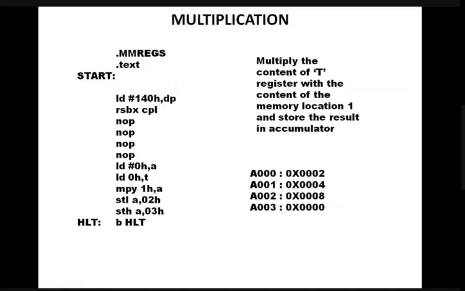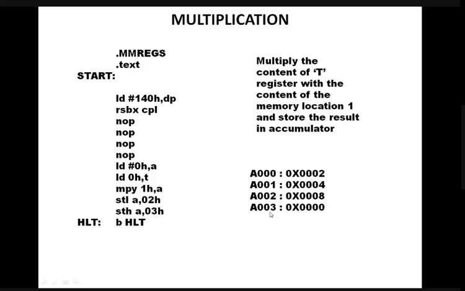And coming to the multiplication. There is a hardware multiplier available, as we all know very well. Here, if you look at the screen, in A000 we have the value 2. In A001 data memory location, we have the value 4. In A002, we have the product, which is 8.